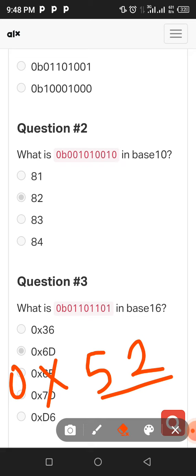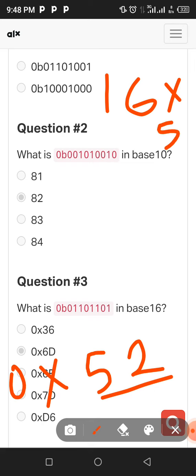The first one is going to be multiplied by what? 1, which is going to be 2, and the next one is going to be 16. So 16 times 5 is going to give us what? 16 times 5. By 10 that is 50, then by 6 that is 30. That should be 80. So 16 times 5 is 80.